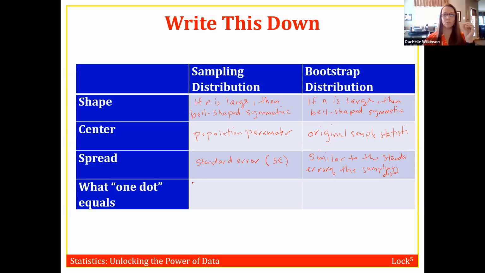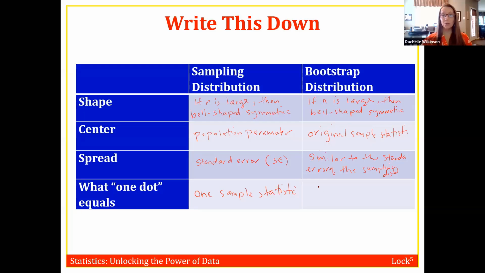So on a sampling distribution, one dot is equal to the value of what? Anybody remember? Good, yeah, a sample statistic, which could be a sample mean, but it could also be a sample proportion or sample correlation, depending on what we're measuring. So one dot on a sampling distribution is one sample statistic.